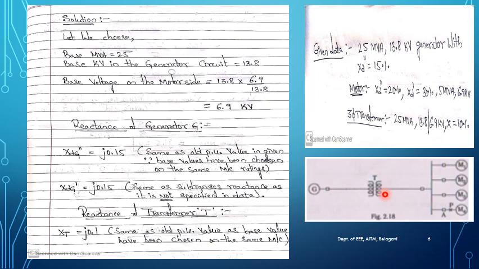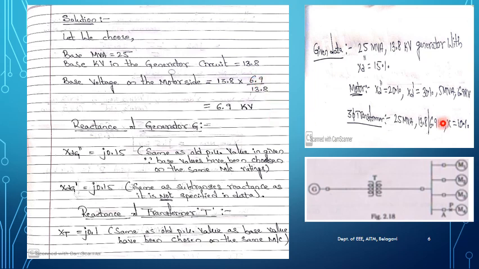So according to our formula, LT side is equal to what? HT side into LT divided by HT rating. So we can reduce it further. LT side is equal to the HT side rating of the transformer, which is 13.8, into the low voltage rating of the transformer.